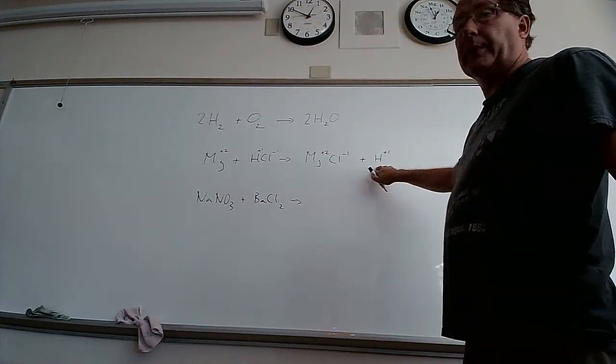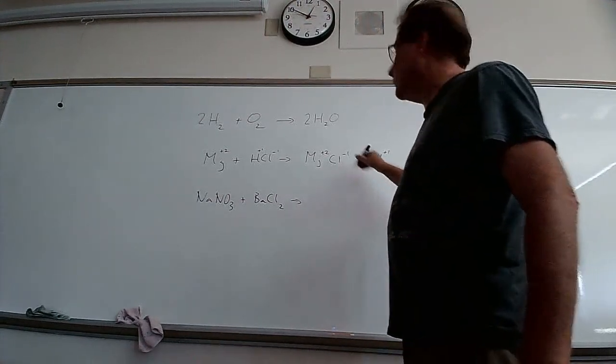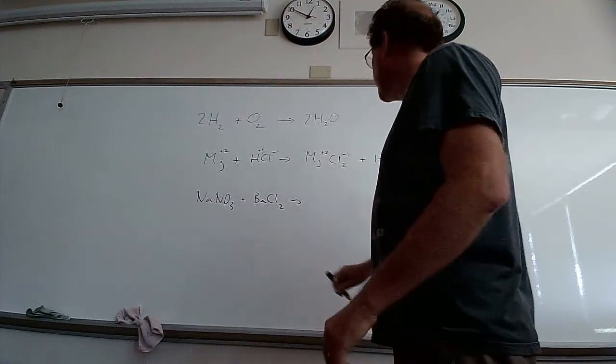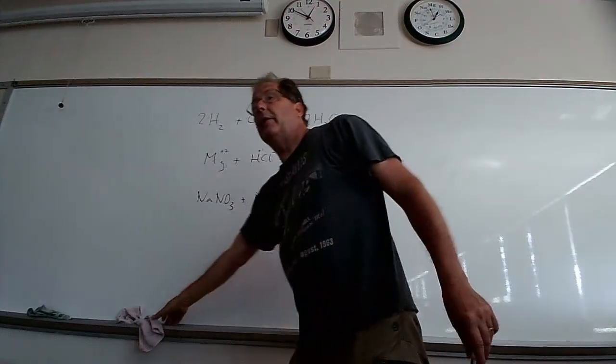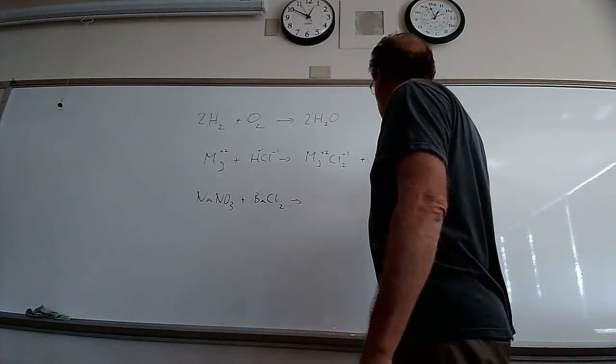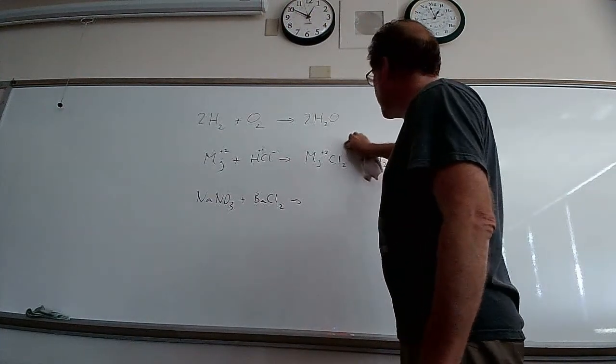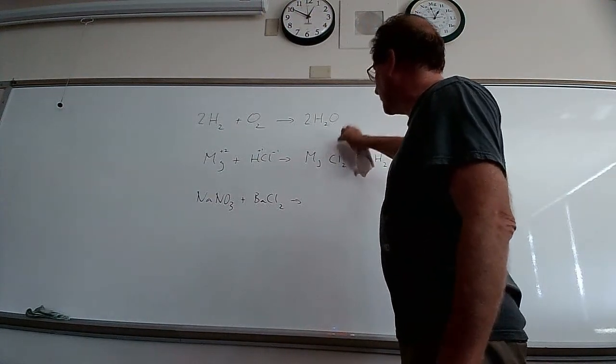Okay, so I predicted the products, magnesium chloride and hydrogen. Now I have to write correct formulas. I'm going to crisscross 1, 2. And then H, remember, when it's by itself, it gets a 2 beside it. I don't think you're going to have to keep that straight for the test that I'm going to give you.